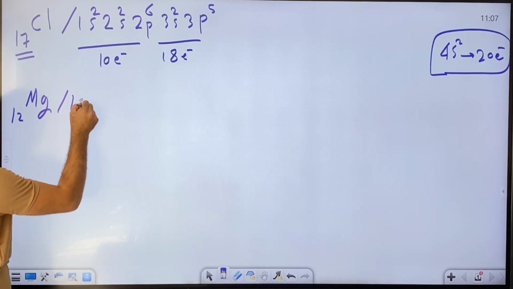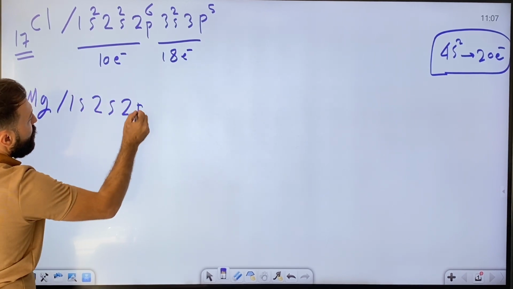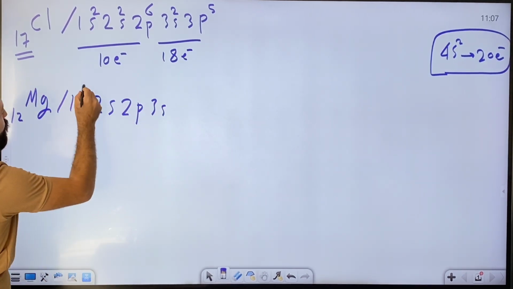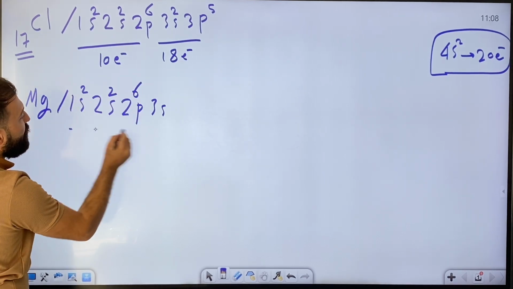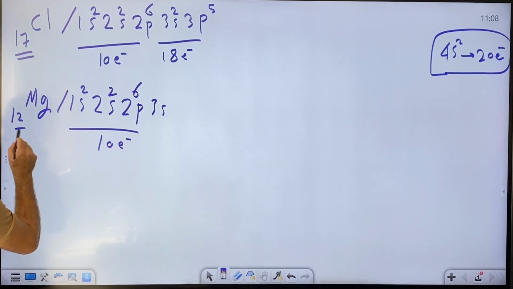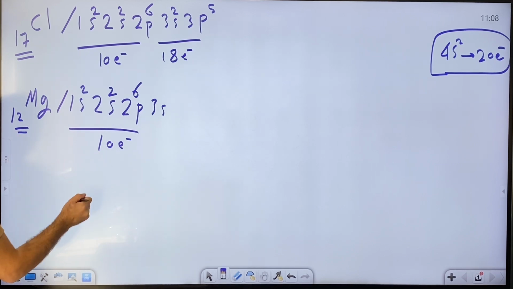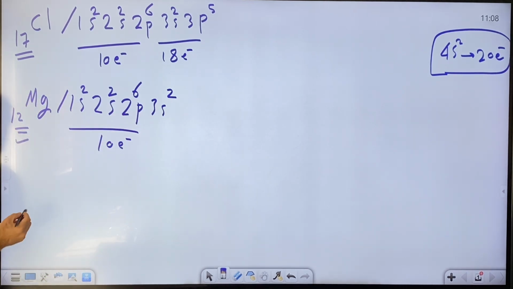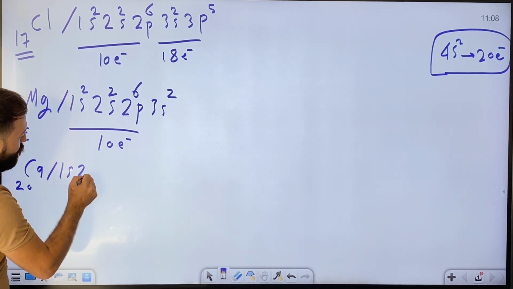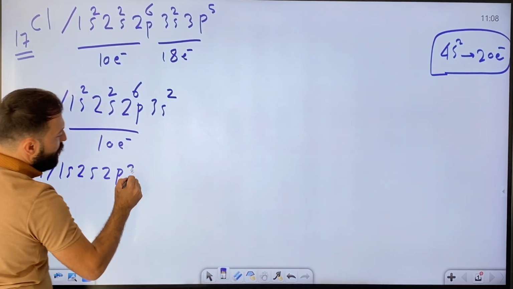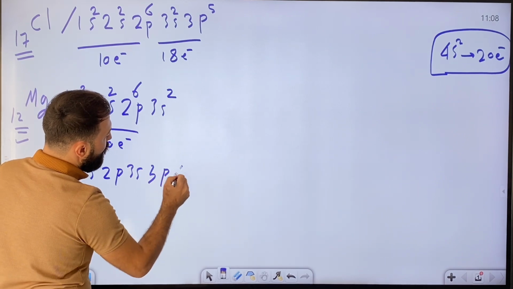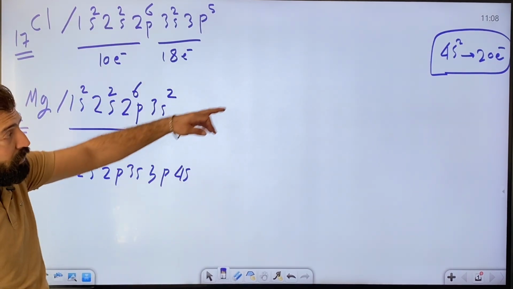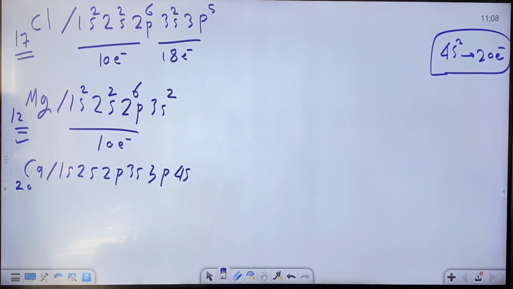For another element like Mg 12: 1s, 2s, 2p, 3s: 2, 2, 6, which is 10. How many electrons remain? 12 minus 10 equals 2. Check it: 10 plus 2 is 12. That's it. What about calcium 20? 1s, 2s, 2p, 3s, 3p, and 4s. Remember that when you reach 4s, that means you have already used 20 electrons.